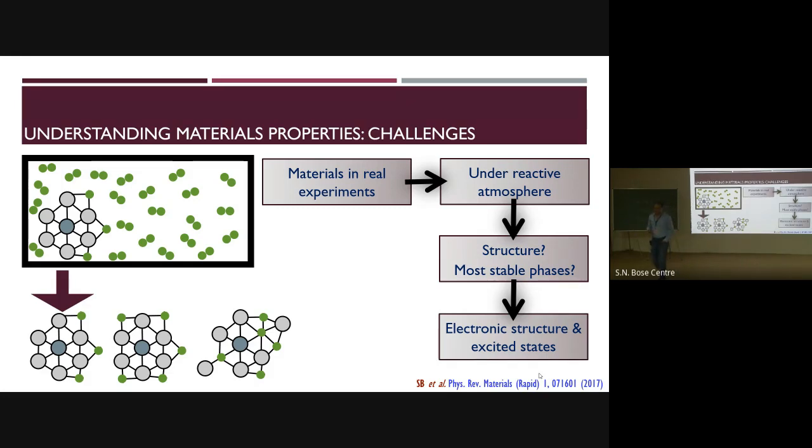In this talk, I will not talk about the structure and the most stable phase, but I am here until tomorrow evening. So if any of you are interested, you can talk to me, because there are lots of interesting things that happen there, especially many times your harmonic approach does not work, and materials are very sensitive to anharmonic effects and other things. Understanding structure is also a very important thing.